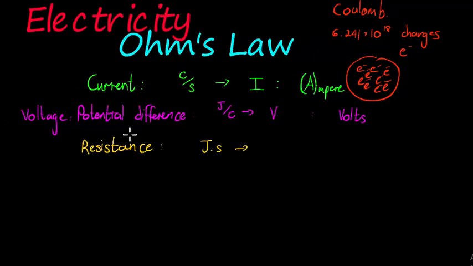The symbol for resistance is simply an R, and its unit is an ohm. So sorry, I didn't do this for volt. Volt, the symbol that we'll use for the unit is the V. For ohm, it is the omega sign. Omega is the unit that we use at the end of resistance.